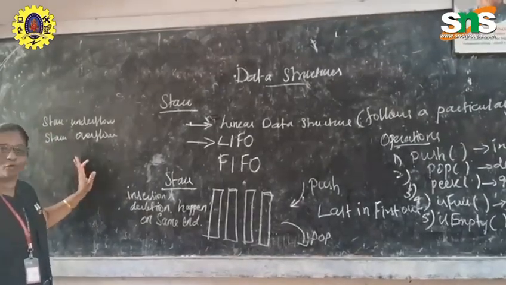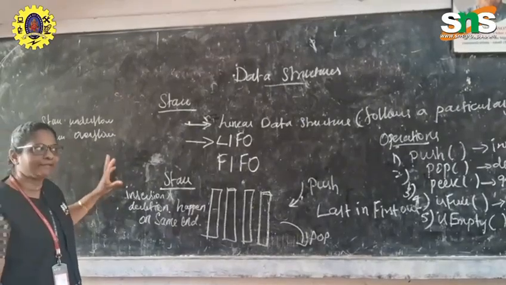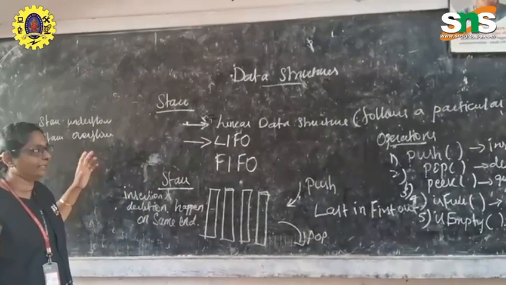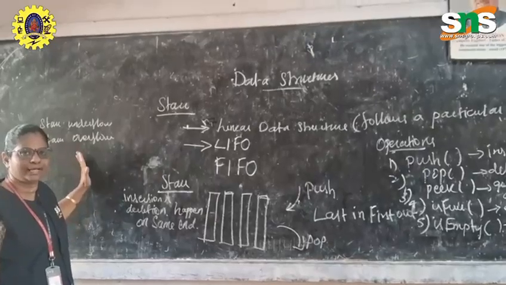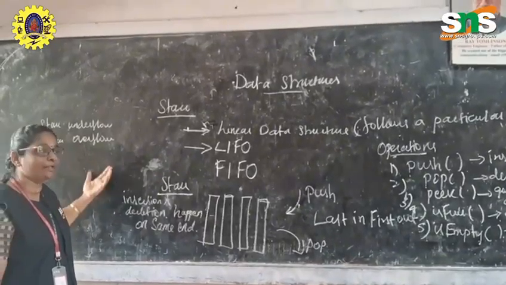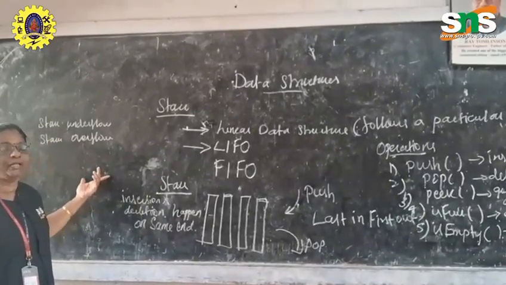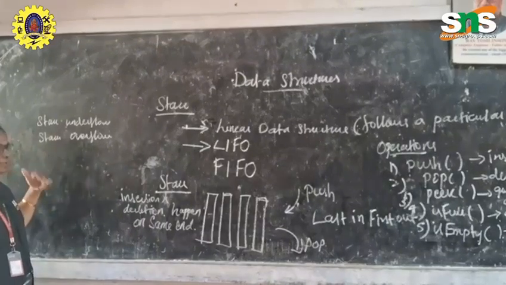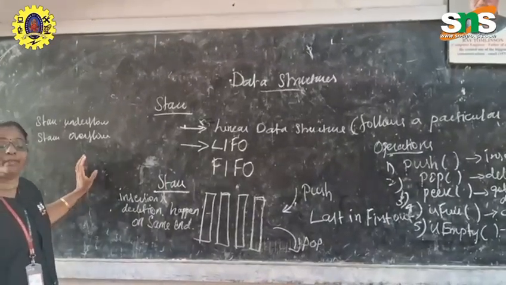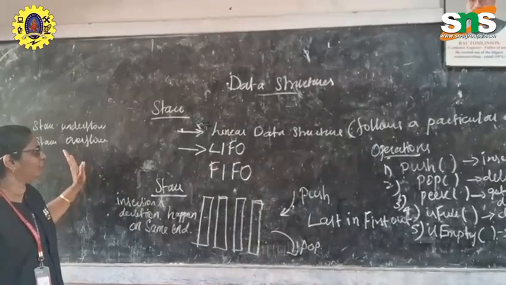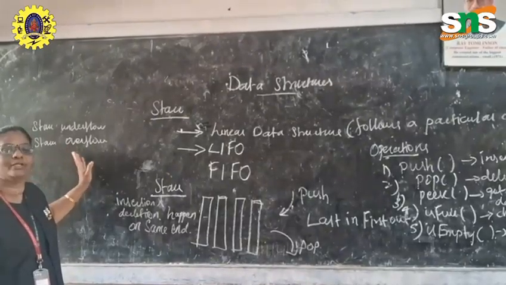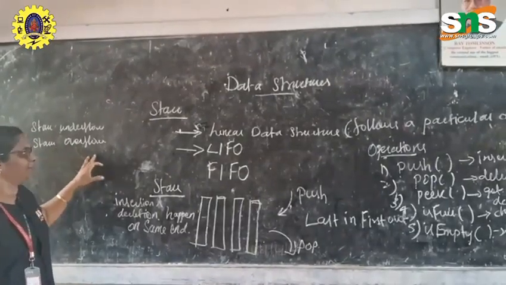For stack overflow, a stack has a certain capacity. If you want to add another element to a full stack, it does not accept that element because the size is over. So it shows stack overflow.